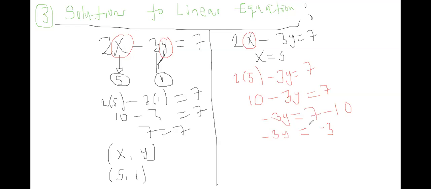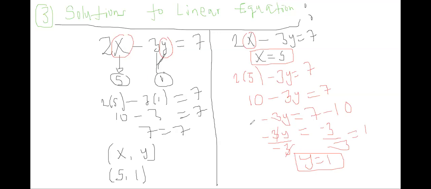In our algebra, I hope we don't forget our signs. So we want to know the value of y. Divide both sides by minus 3. So we cancel this, we cancel this, and our y will be 1, because minus 3 divided by minus 3 gives you 1. So we have y equals 1, while x equals 5.